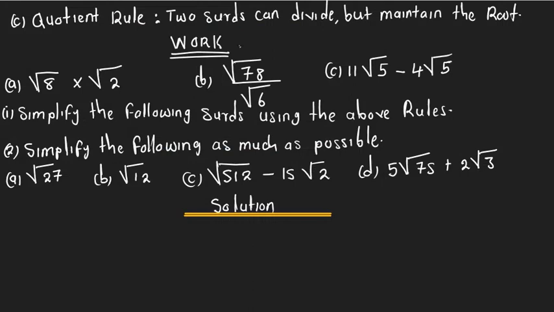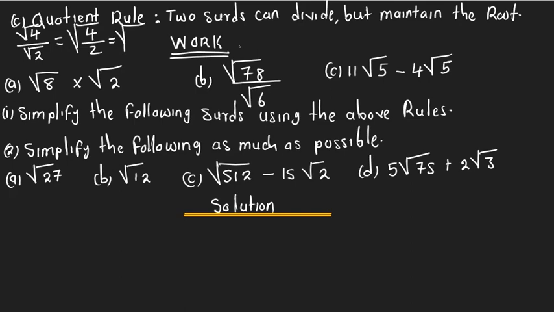The quotient rule. 2 sets can divide but they must maintain the root. For example, let's say you have root of 4 divided by root of 2. This can also be written as, you maintain the root, then this is going to be 4 over 2.